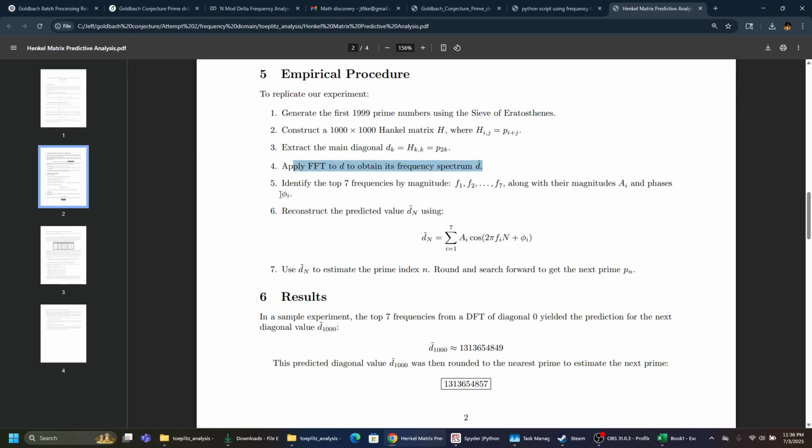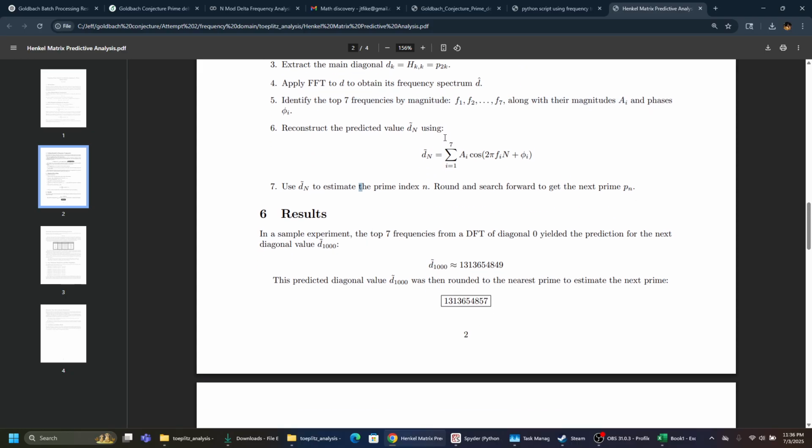That's what this is, right here. And then I reconstructed the diagonal by only using the frequencies, and basically compared the two to make sure that my predicted Hankel matched the Hankel that I constructed the traditional way.